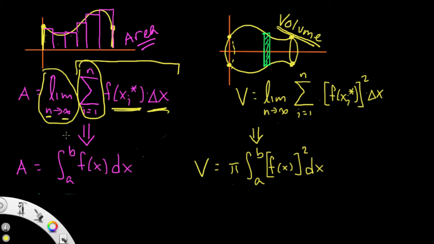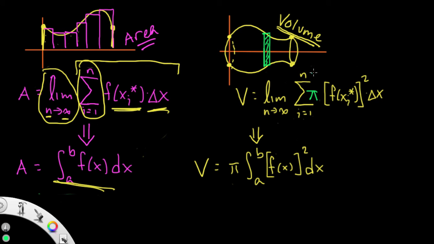And so that approximation got better and better, and it converged to what we call a definite integral, and that's your exact area under the curve. We're very comfortable with that. Now, what we're going to do is something identical to that. We're going to take not just one disk, but a lot of disks, which was pi r squared delta x.